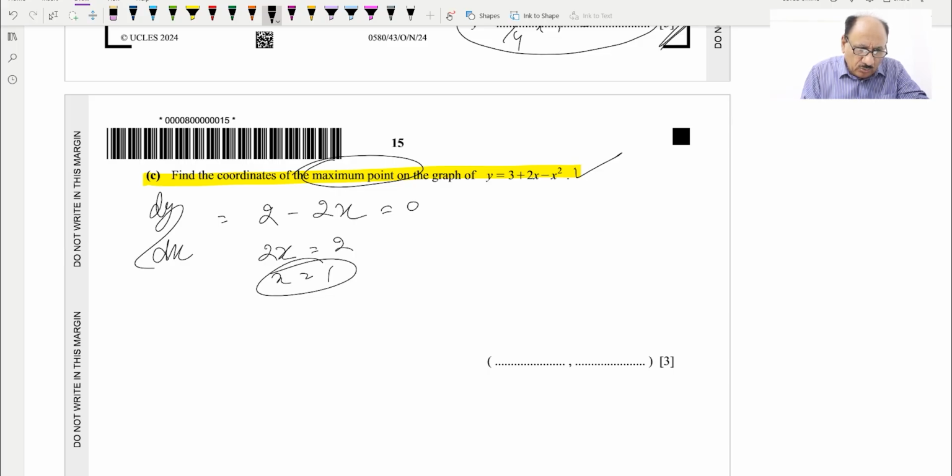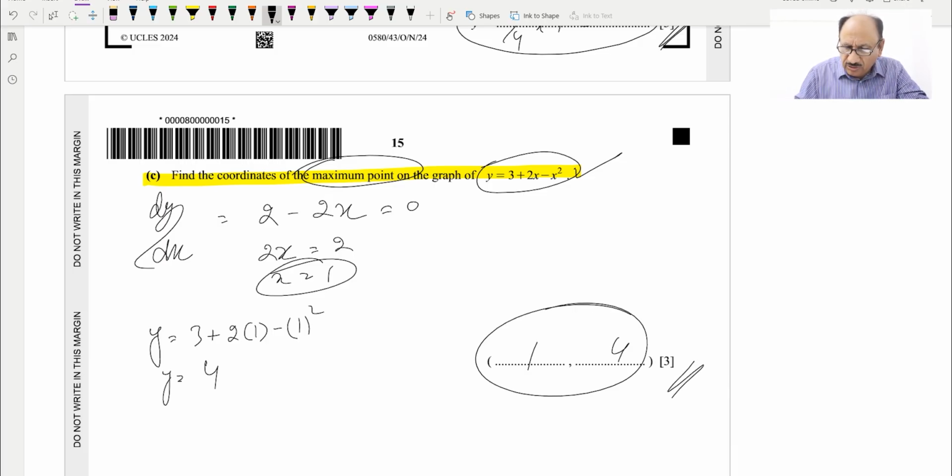This x is equal to 1 we will be replacing in the equation, which is this one. So y is equal to 3 plus 2 into 1 minus 1 square. So this will be 5 minus 1, so it will be 4. So y is equal to 4. So 1 and 4 will be the coordinates. These will be the coordinates for 3 marks.